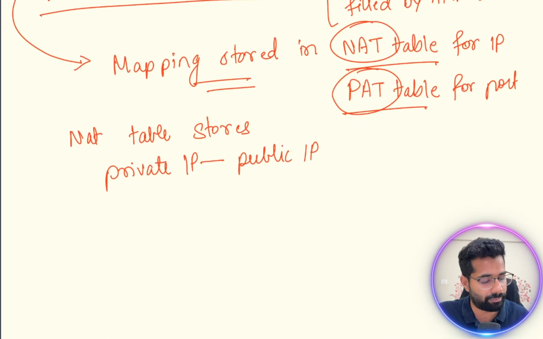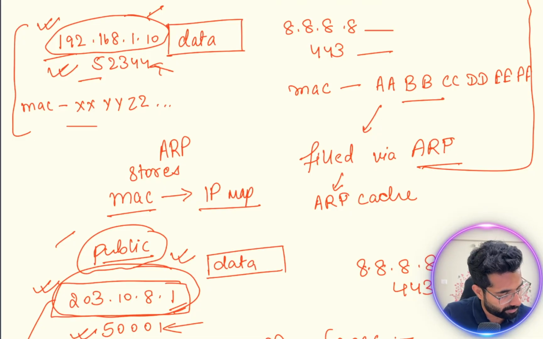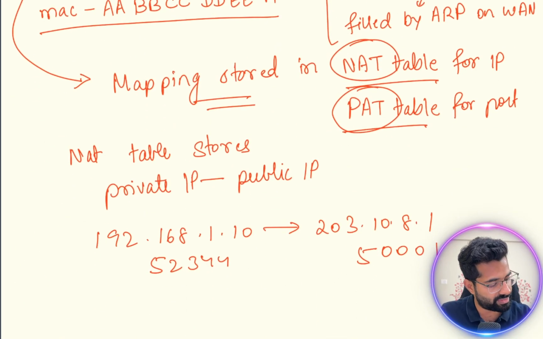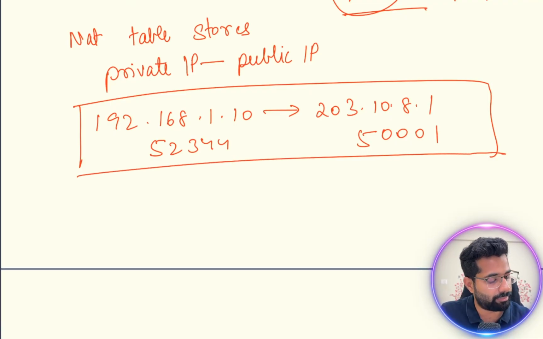So the NAT will contain something like this. Let's say I have 192.168.1.10 to 203.10.8.1, and the port would be 52344 to 50001. This is what my NAT mapping would look like.